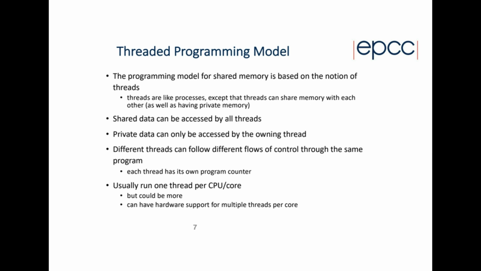There is absolutely no distinction in how the hardware handles these different types of data. The hardware knows nothing about this and will treat all the data exactly the same. This distinction between shared and private is purely a software level concept.